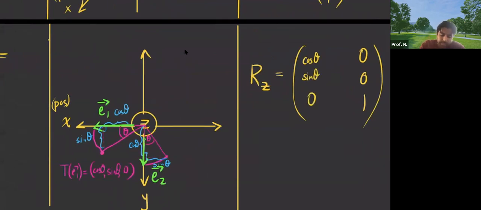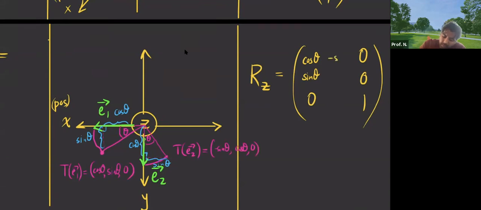And then the second column would be what happens to E2 under the transformation. So what's going to be E2? Well, in the x-axis, it would be a negative sign, right? So we got negative sine theta, then positive cosine theta, and then 0.